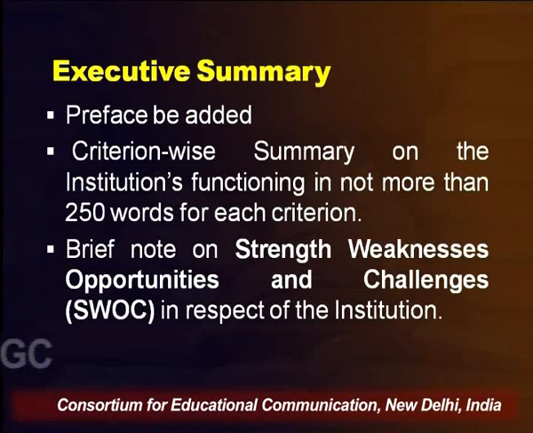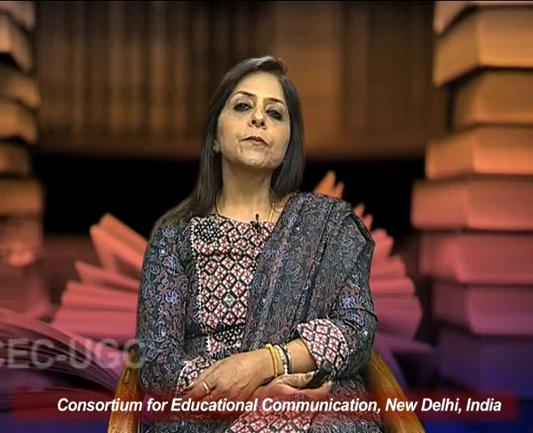The criteria-wise summary on the institution's functioning is not more than 250 words for each criteria. A brief note on the strengths, weaknesses, opportunities and challenges, in short we call it SWOT, in respect of the institution is required.